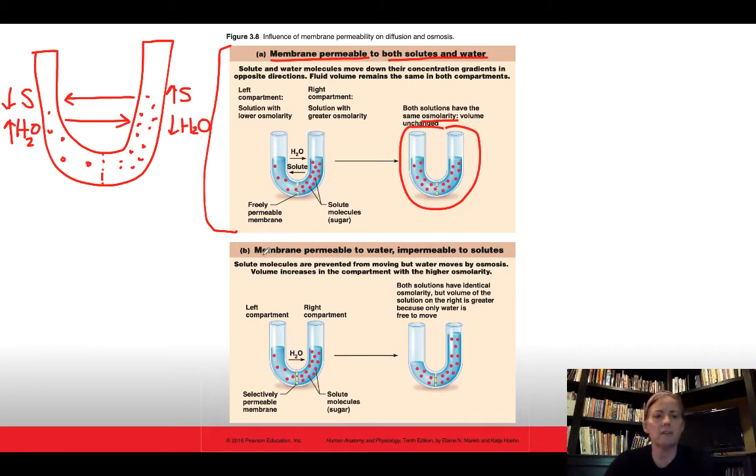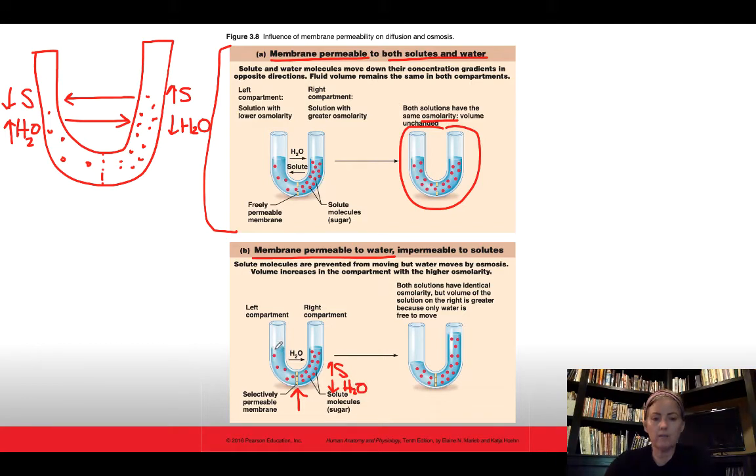Let's look at the second example here. Here we have a similar setup, but what we've done is we've said, okay, our membrane that's separating the two compartments is only permeable to water. So it's not permeable to the solutes. So only water is going to be able to move. So what ends up happening is on the right side here, we have increased solutes and decreased water.